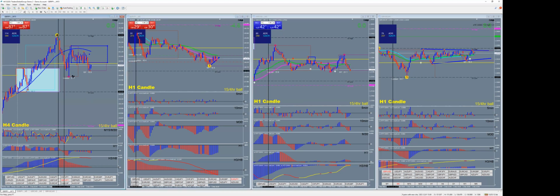This pound yen. A lot of the pairs are just ranging. I mean, gold is making a decent push. It's against the 3 ball. I wouldn't even take it. Not like Raphael, who's bold.